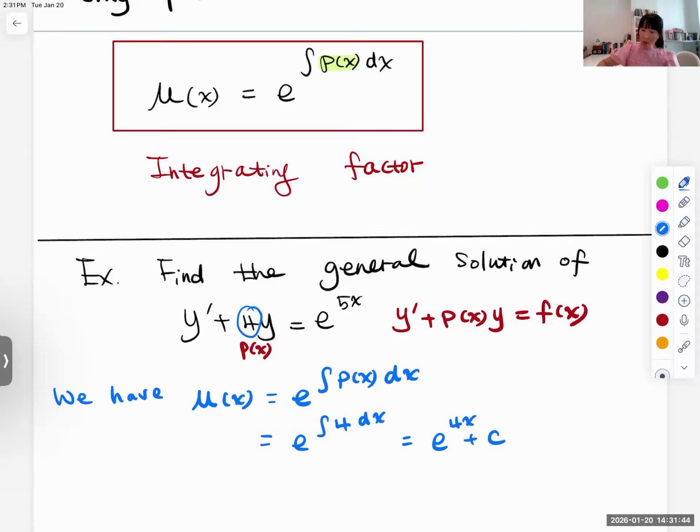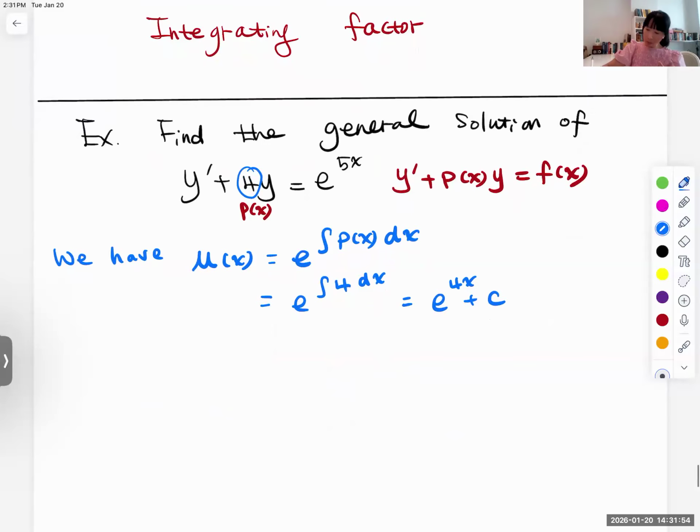Now we multiply every term by e to the 4x. So we have dy over dx plus 4y equal to e to the 5x, and then we multiply every term by e to the 4x.